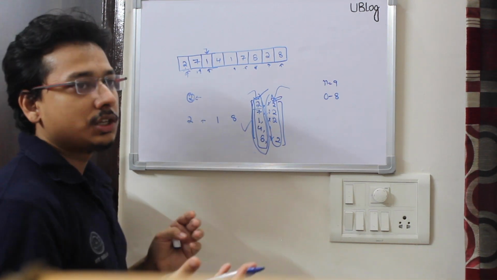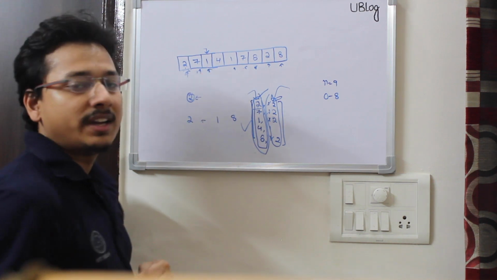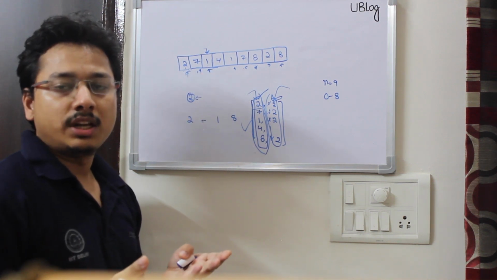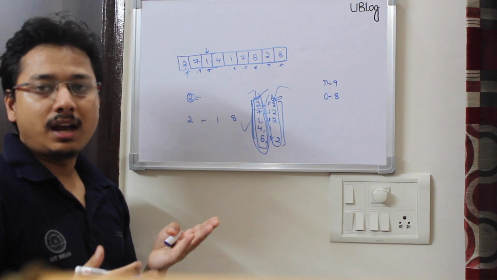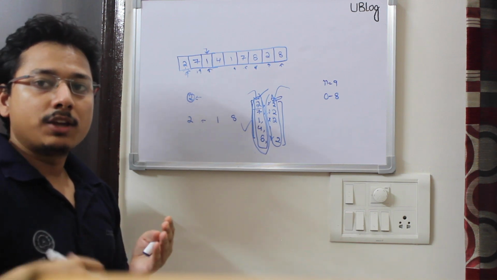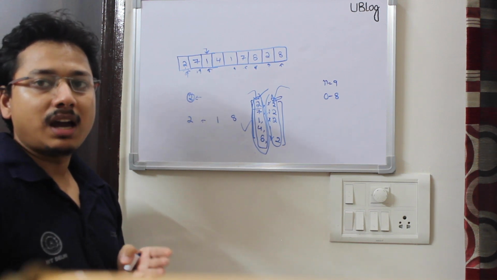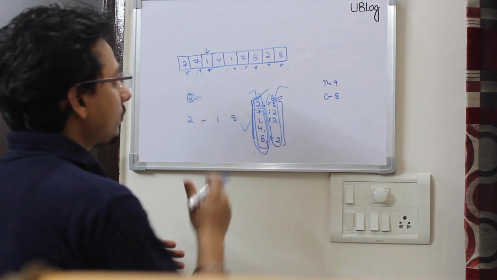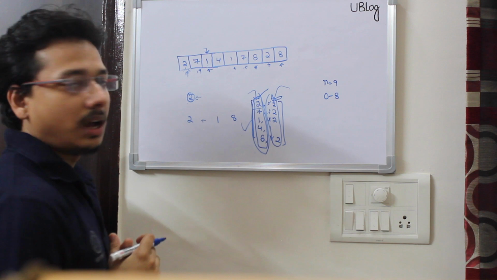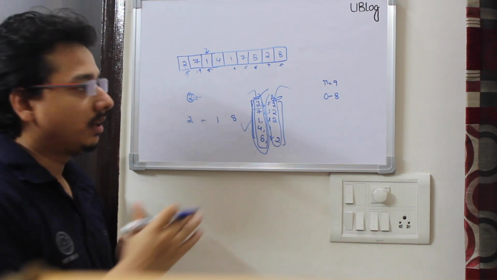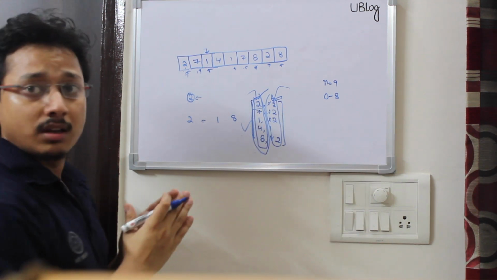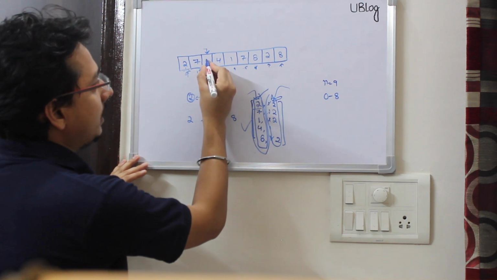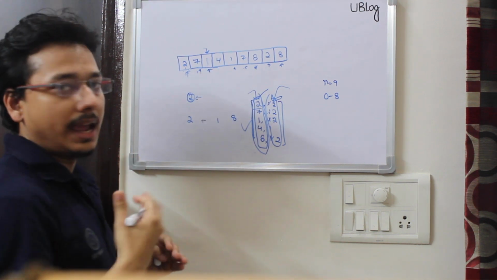But 1 is already present at that point, and I can't change the value of 1. I need a way to change the value while still knowing the original value. Since I know the size of the array, which is 9 in my case, I can just increment the value present at that node by n.